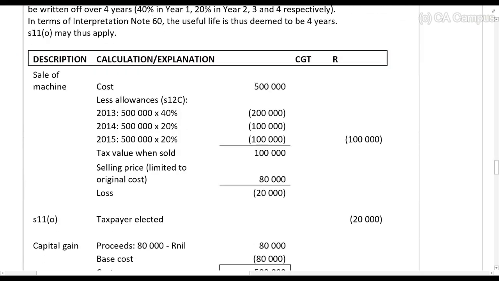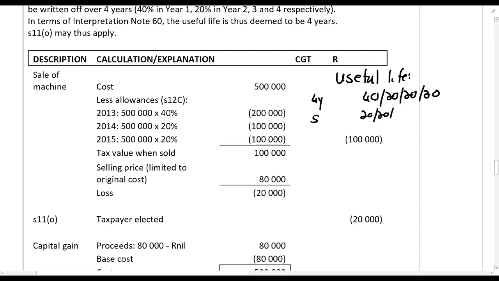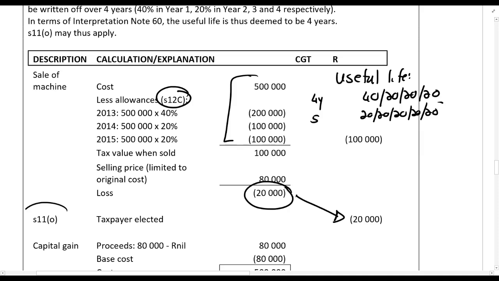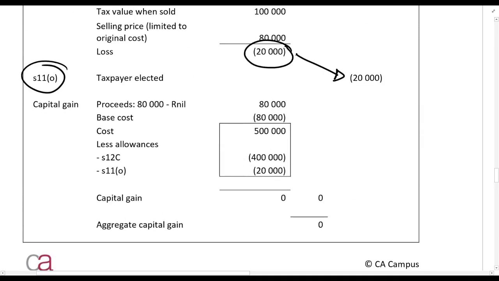If it had qualified for the Section 12C allowance, I want you to understand that its useful life is then 40, 20, 20, 20, which is 4 years, or 5 years if it's a second-hand one where you claim it over 5 years. So, if Section 12C applies, we do our normal calculation, we have a loss, we can claim that as a Section 11O loss. It means then we have no capital gain, there we go.